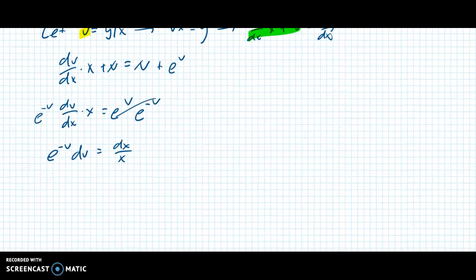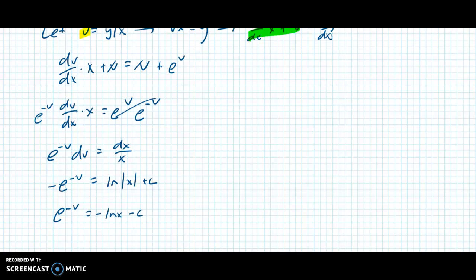Now this is integrable. On the left side, I get negative e to the negative v equals, again, like the last one, ln absolute value of x plus a constant. And this is where I multiply by a negative. e to the negative v equals negative ln x minus c.